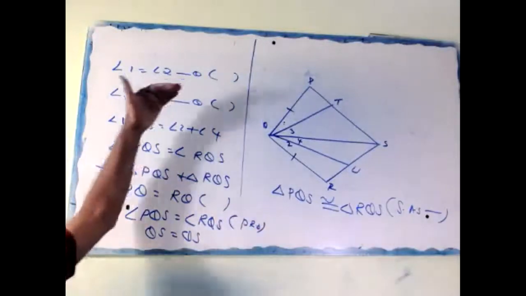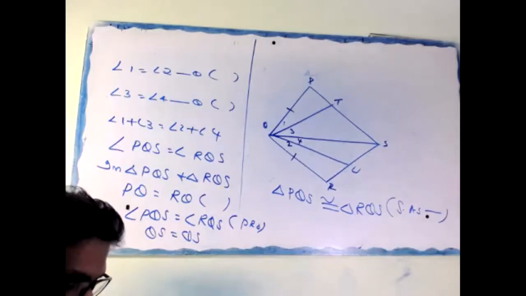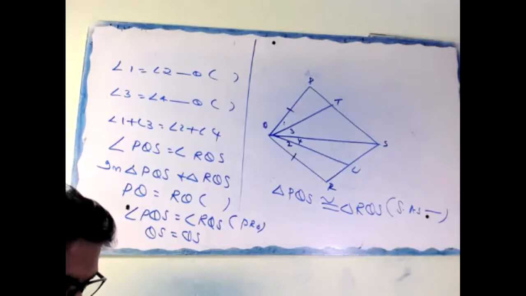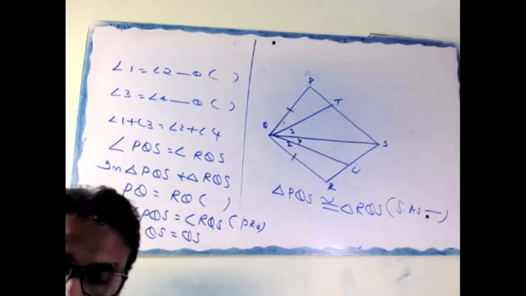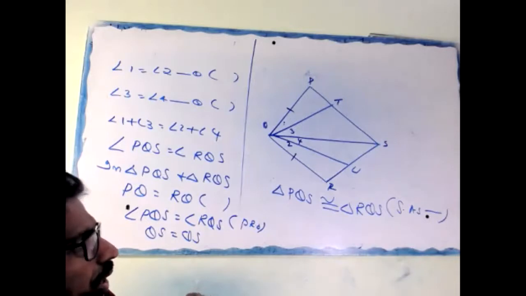You can see the board now. Triangle PQS congruent to triangle RQS.